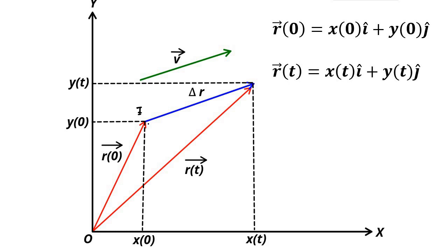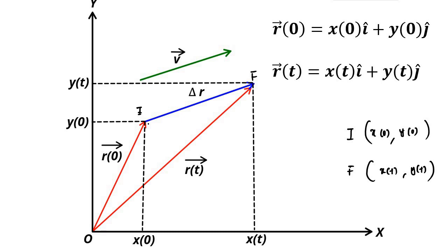Okay, here let me write I is specified by x0, y0, and the final point F is specified by the position coordinates xt and yt. As you can see here, the initial position is specified by the position coordinates x0 and y0, the final point by the position coordinates xt, yt.